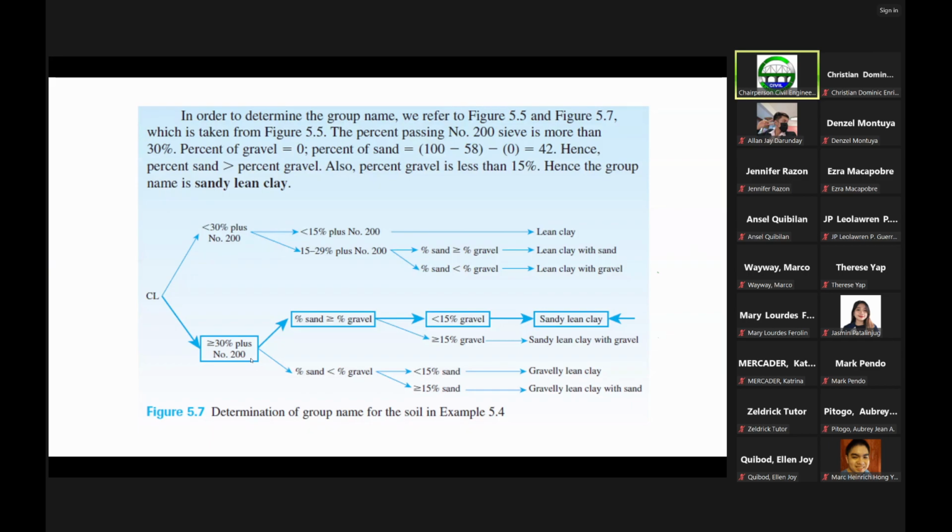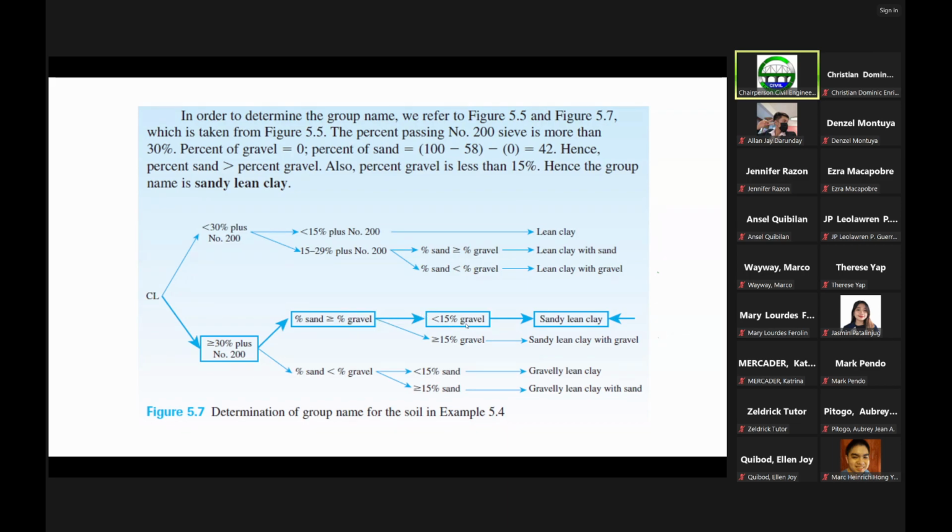So that means here we have this criteria, so we follow this one here.